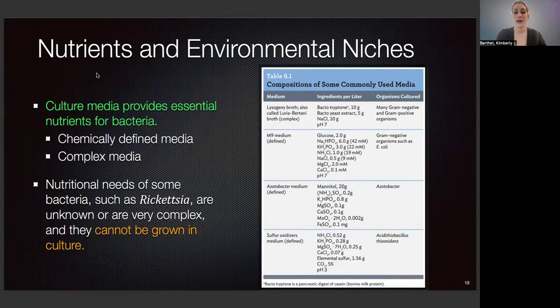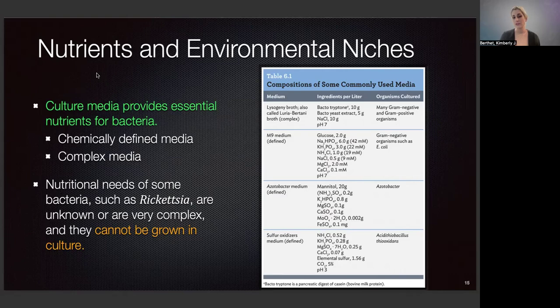Okay. Looking at culturing microorganisms, we have to make sure that we give them the essential nutrients that they need. Not all microorganisms can be grown in the laboratory with the culture that we give them. Only about 5% of microorganisms that we know of can actually be grown in the laboratory, and it's due to a combination of factors.